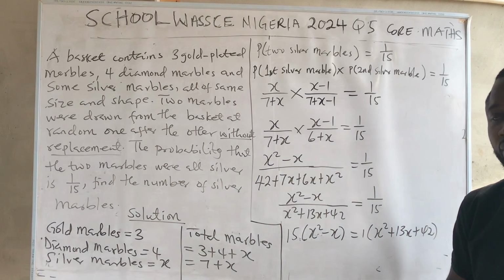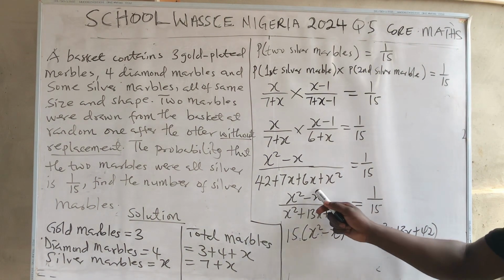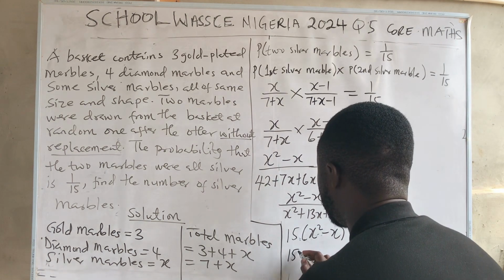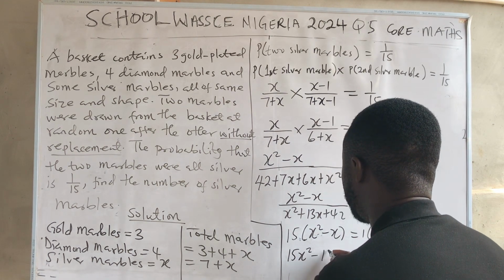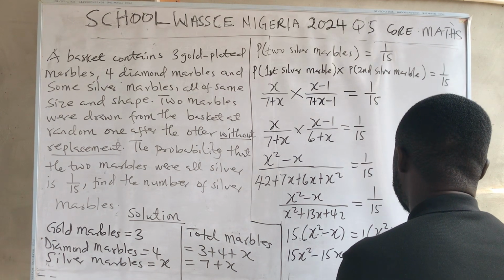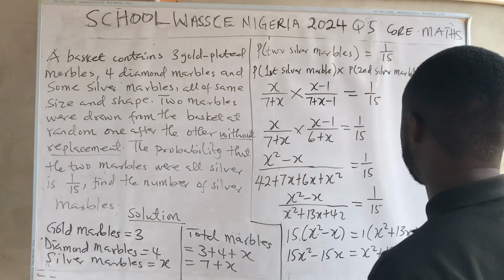So when you cross multiply this one, 15 multiply this, and then 1 also multiply this, so that we have 15s squared minus 15x equal to s squared plus 13x plus 42.